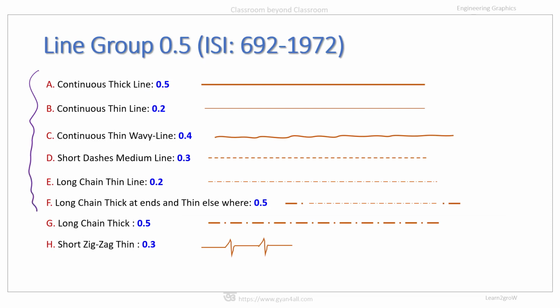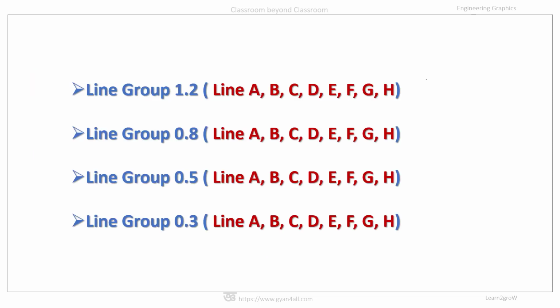Similarly, line group 0.5 is like this. The continuous thick line has a thickness of 0.5 and continuous thin line has the thickness of 0.2 and so on. So there are 4 line groups: 1.2, 0.8, 0.5 and 0.3.